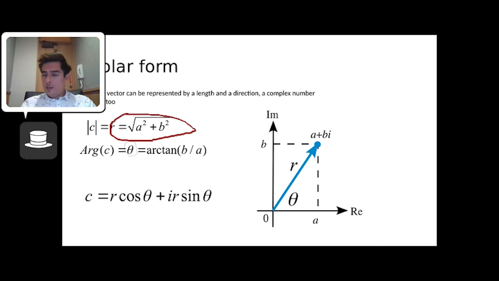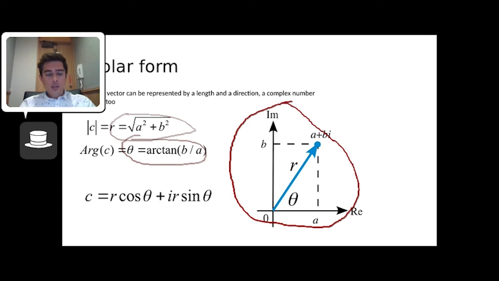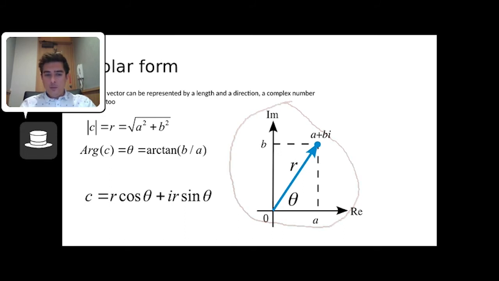So how do we actually write our complex numbers? We've got this nice picture to represent it, but we want to write down the actual complex number. All you have to do is rewrite the equation for a complex number in terms of these two variables. This used to be a plus ib, of course.